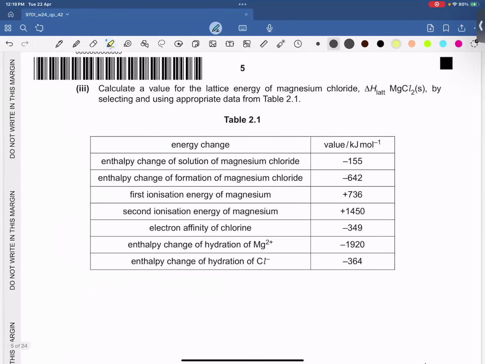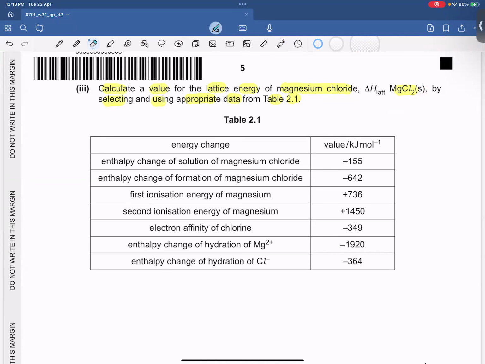Next, calculate a value for the lattice energy of magnesium chloride by selecting and using appropriate data from 2.1. So in order to calculate the lattice energy, we can have 2 different scenarios. First, we apply the Born-Haber cycle, and second, we apply the solution, lattice energy and hydration enthalpy data. So let me find out first which one we need to apply.